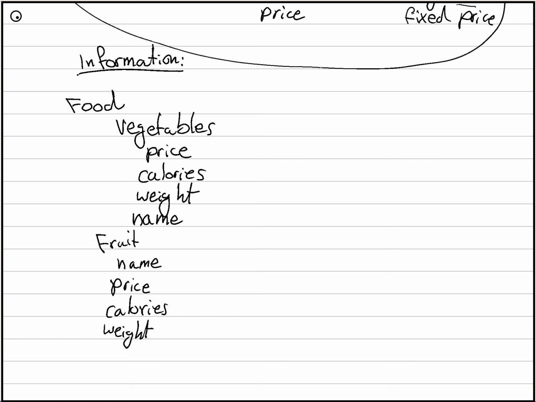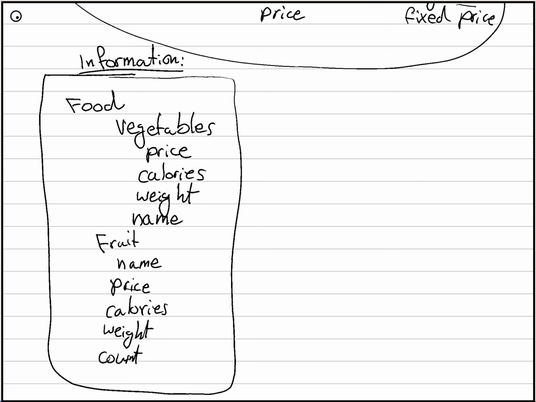Yeah, count could be one for sure. And also price could be one. Or I guess we already have price, so we don't need price per count. So that makes sense. All right. So this is the information that we have.